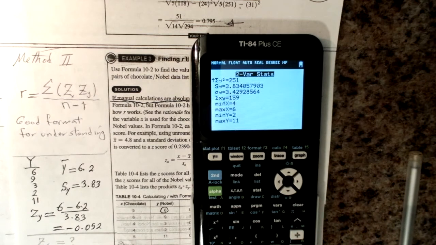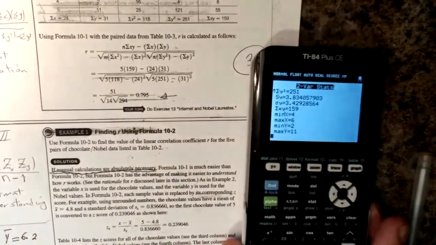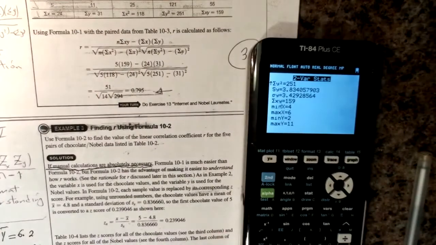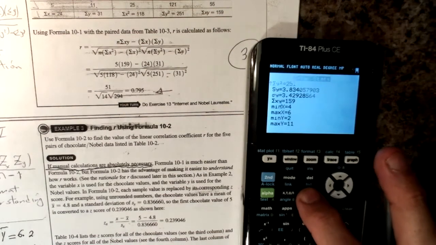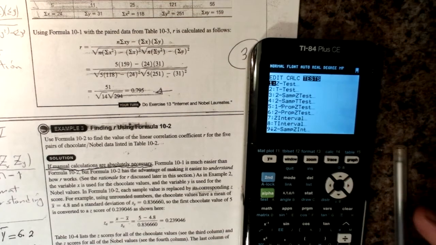Now, that's how to find the sum of X and the sum of Y. If you want to use a formula, you could take all the numbers from here and input them there. Now, how do I find the R value? Stat, go all the way to test.